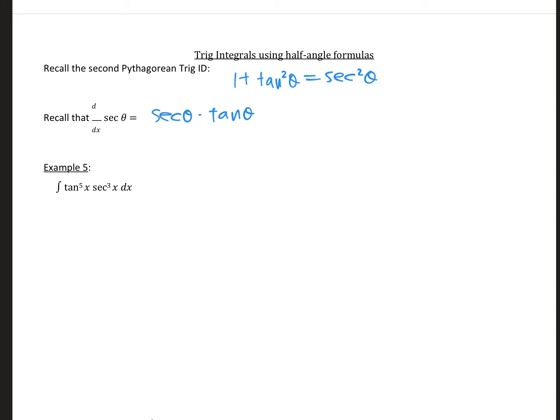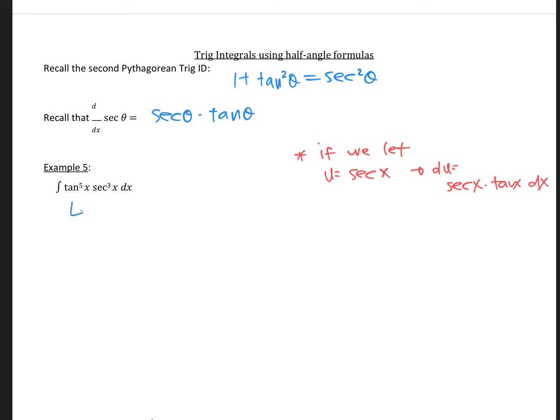But I need secant tangent as my dx. So our strategy is: if we let u equal secant x, then du is secant tangent dx. If they're both odd, then the remaining part becomes an even power.